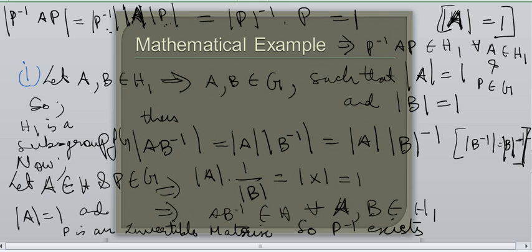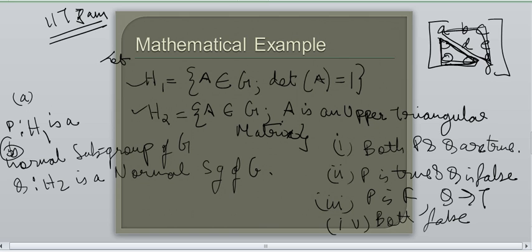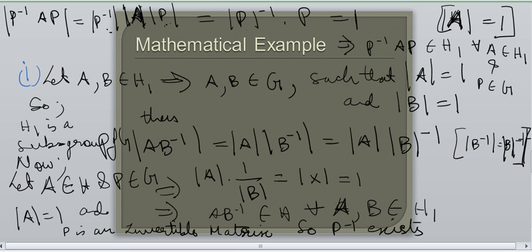Because P is given in the first part. P, Q, see, I've written it all over here. P is given in the first part, students, so that's why we're using P here.